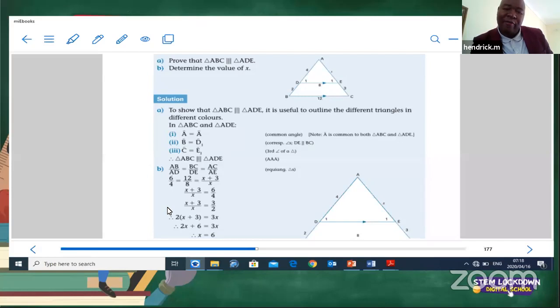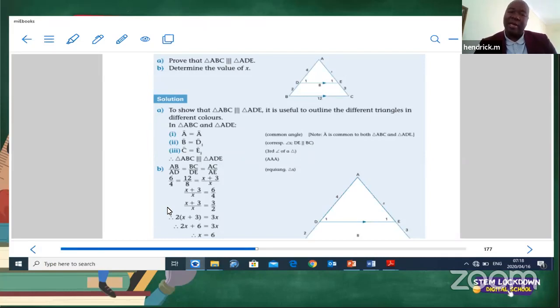Once you have found that the corresponding angles are equal, like in this case, you've got A, which is common, B, which is equal to D1, and C, which is equal to E1 as well, then you have proved similarity. You can then conclude that the corresponding sides of the two triangles are in proportion.